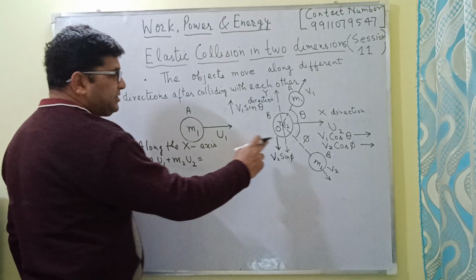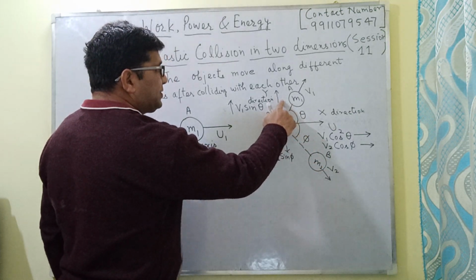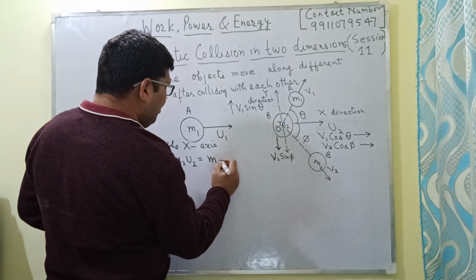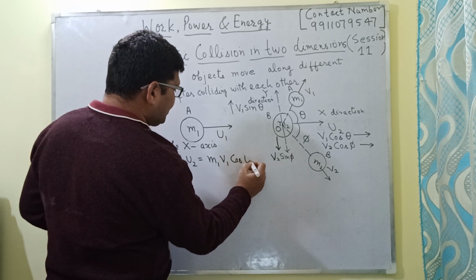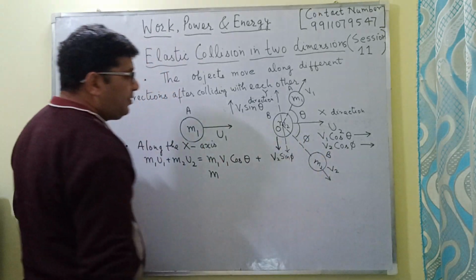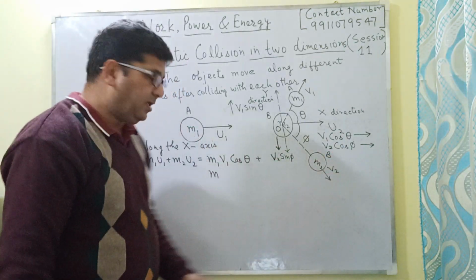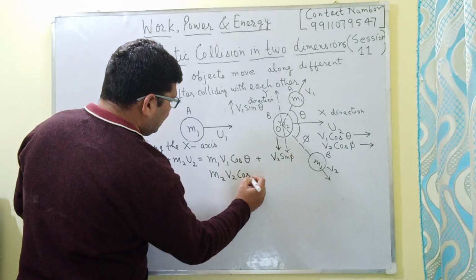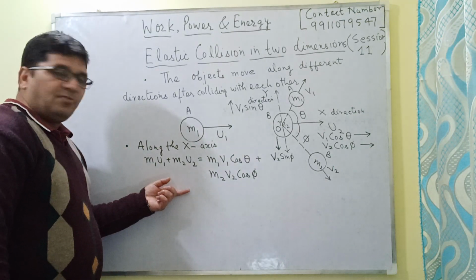Now, along the x-axis, the velocity component of body A is v1 cos theta, so the momentum will be equal to m1 v1 cos theta, plus the velocity component of body B along the x-axis, which is v2 cos phi, so the momentum will be equal to m2 v2 cos phi. So this is the first equation which we have got.